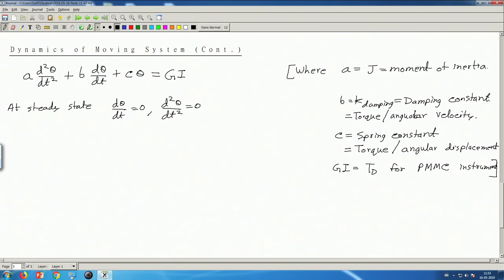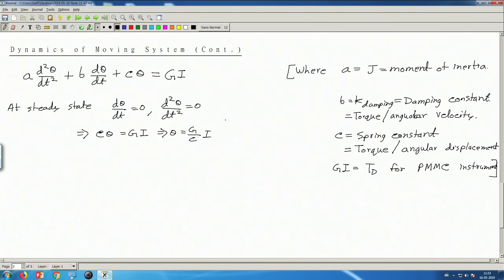So, we will have Cθ equal to Gi, or θ equal to GI by C. This is nothing but the sensitivity: G by C will be the sensitivity of the instrument.